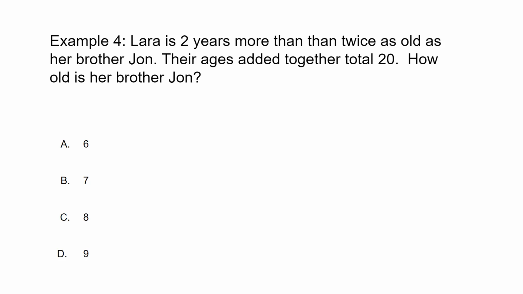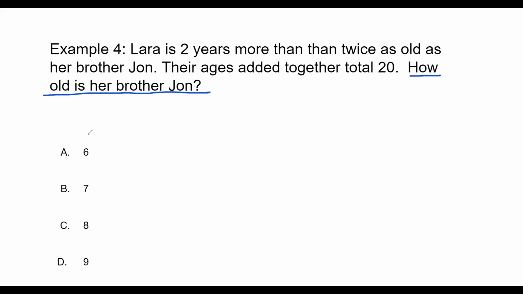So it's always really important to pay attention to this last statement and realize that these numbers that are the possible answers are an answer for the age of John. And what we would really like to know is how old Laura is.